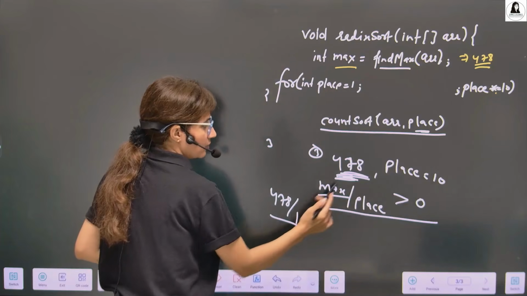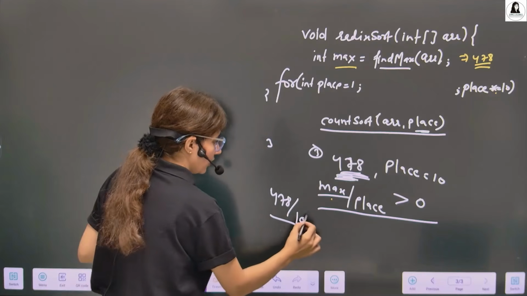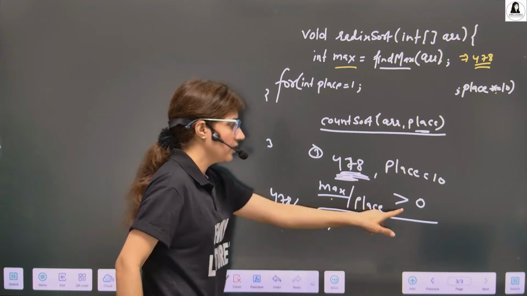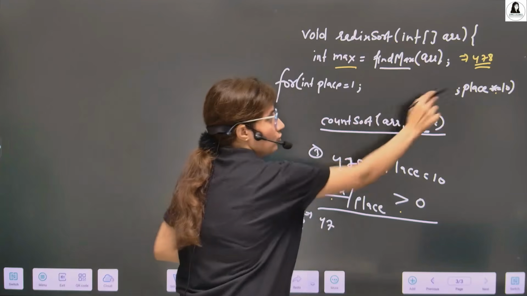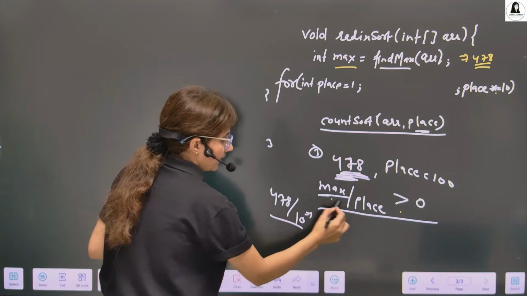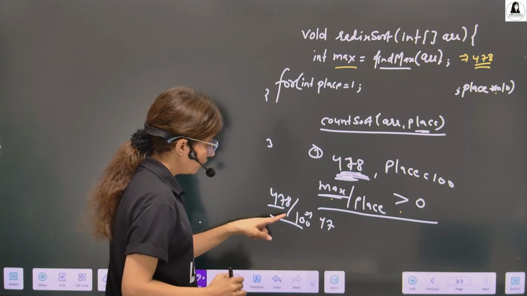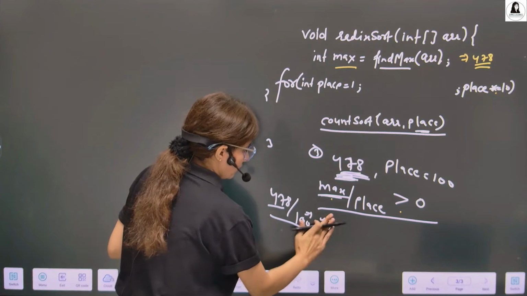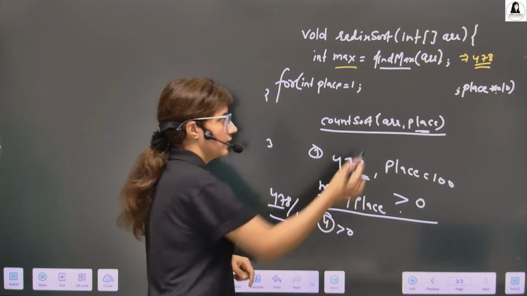The max value stays as it is, divided by 10 it gives me 47. Is 47 greater than 0? Yes, again enter here. Third time the place value becomes 100, so 478 divided by 100 becomes 4. Is 4 greater than 0? Yes, again enter and call.